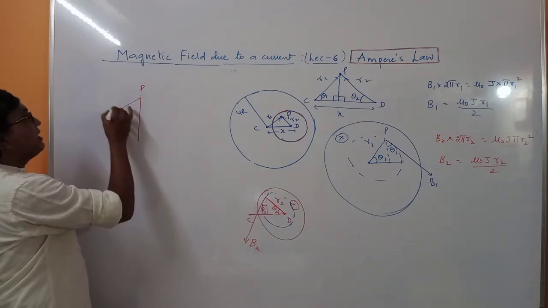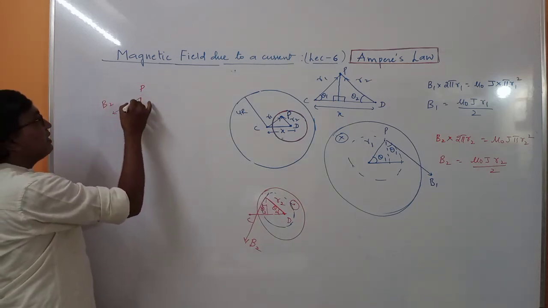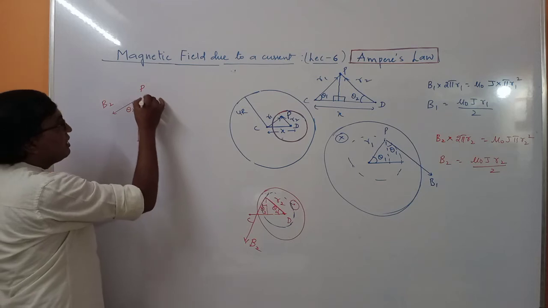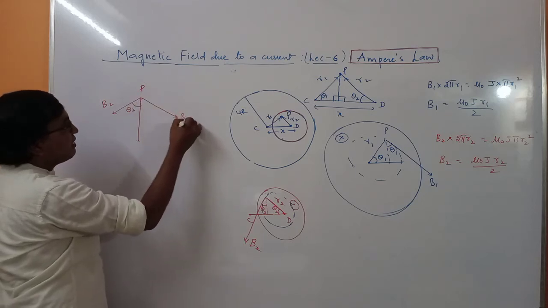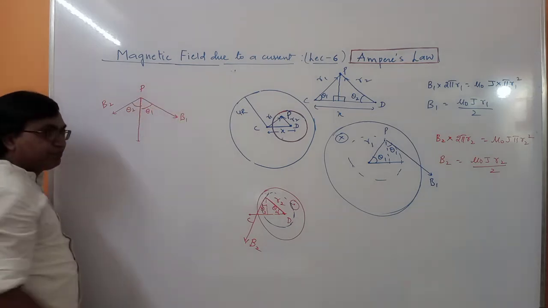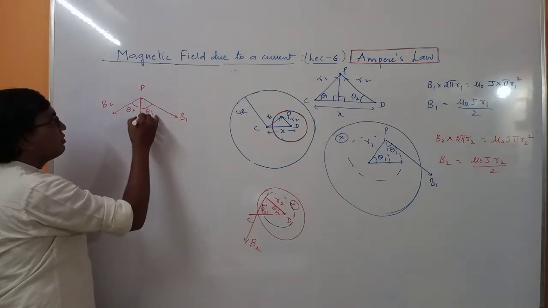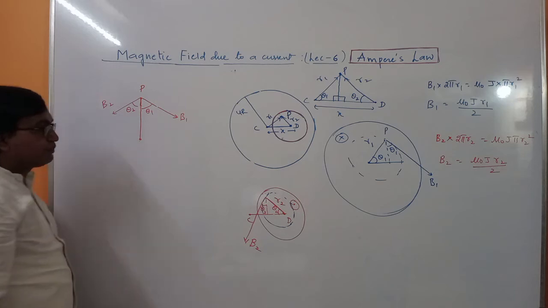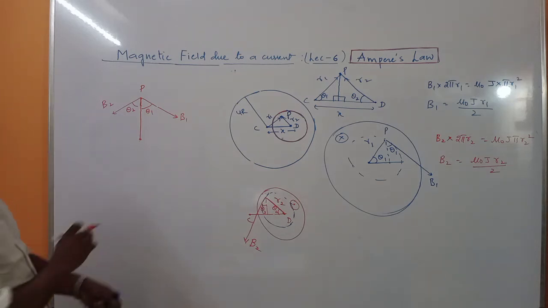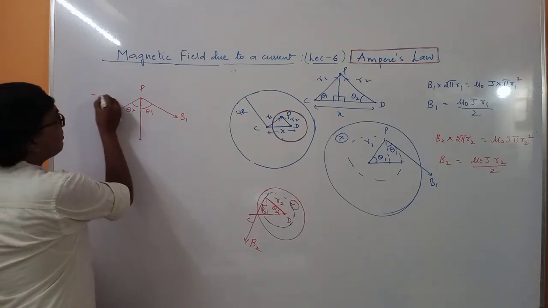So the magnetic field here is B2 at angle theta 2. Here the magnetic field is B1 at an angle theta 1. Then we will find out the total field. Let us take the x direction.